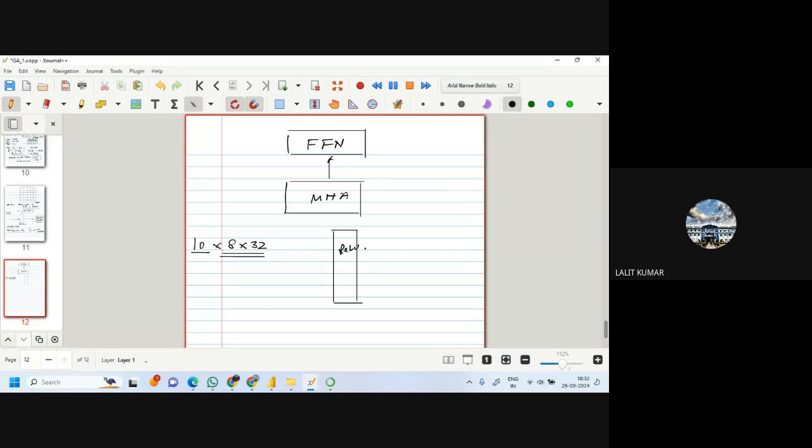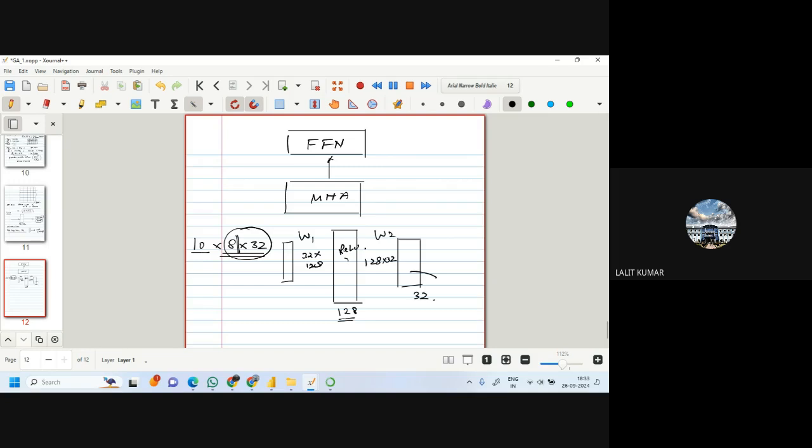The 8 is the sequence length, so I am passing this 32 one by one. In the question they have given 128 as the size of the hidden layer. So the size will become 32 into 128, which is W1. I pass it through W2, which will become 128 into 32, and again I get the size of 32.